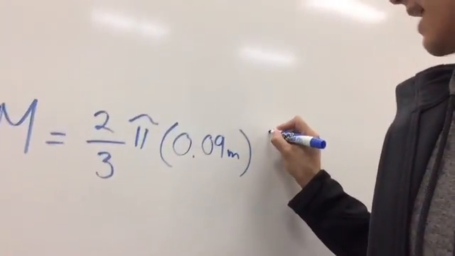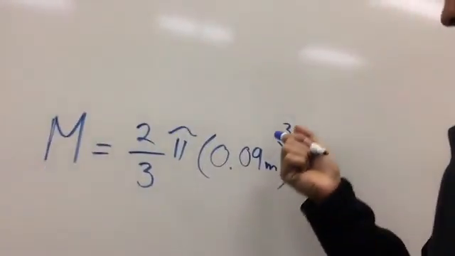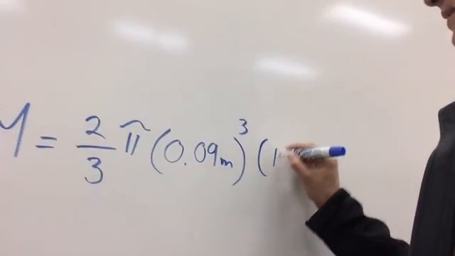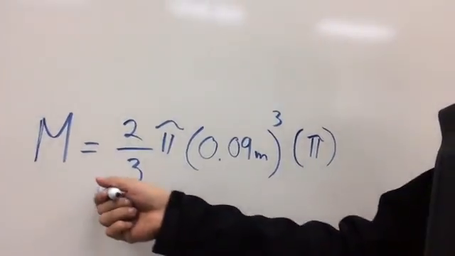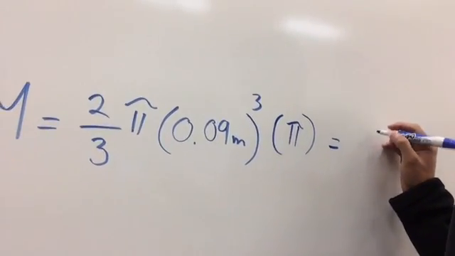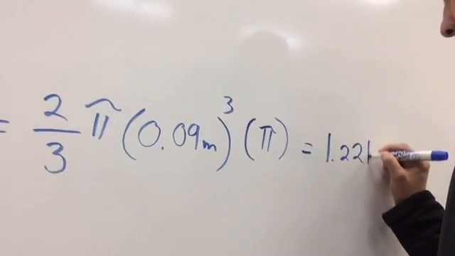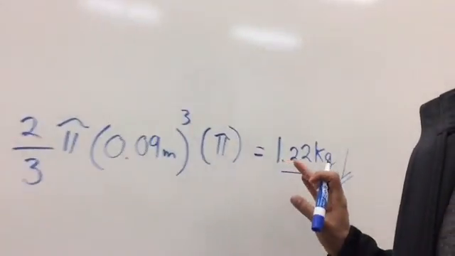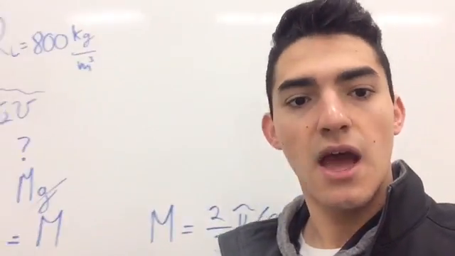And this times the radius cubed, like it says here, and this times pi. Once we have this, if we calculate it, the mass of the sphere is equal to 1.22 kilograms.